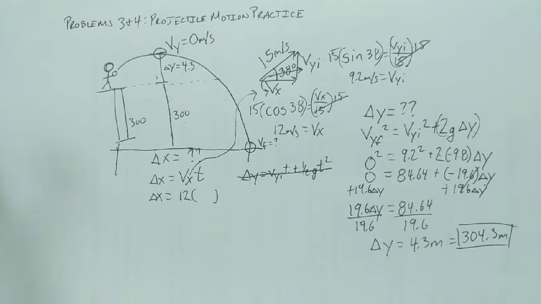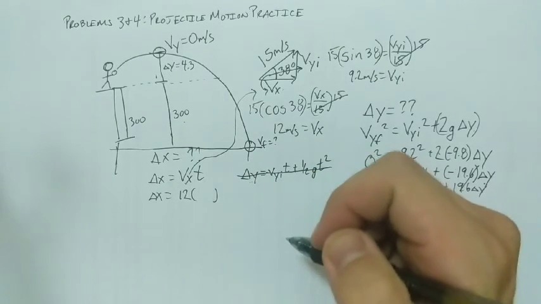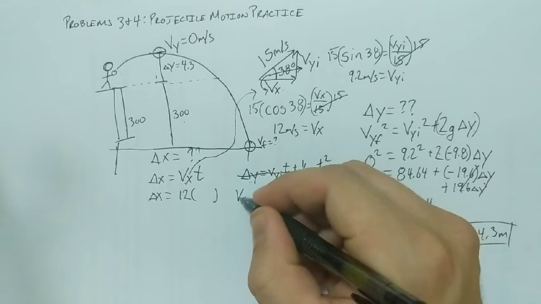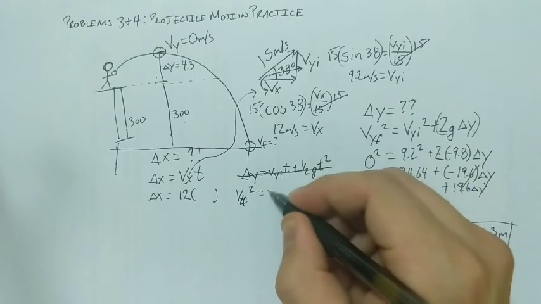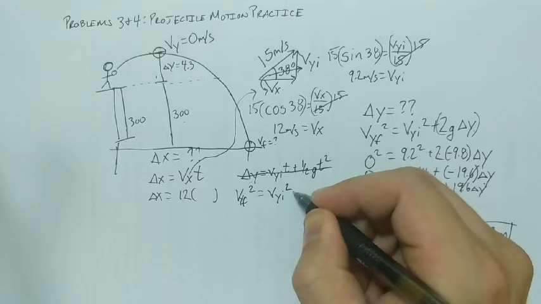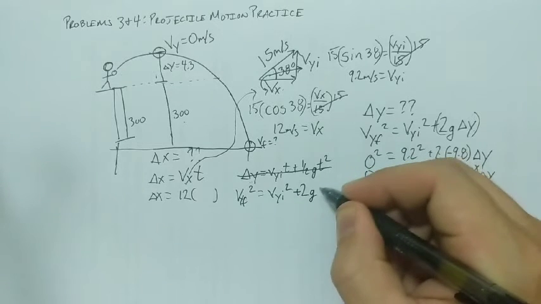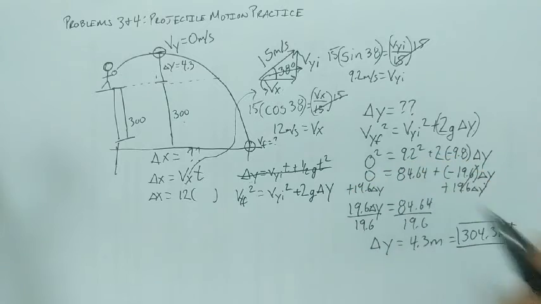If you've chosen to do that route, that's great. You're only solving one equation, but you're doing that in a couple steps. I'm going to use 2 different equations. The first equation that I'm going to use is Vyf squared equals Vyi squared plus 2g delta y.